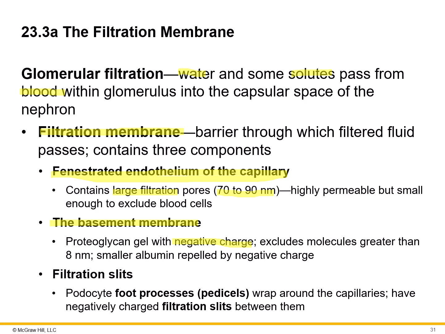So if you have a membrane with a negative charge, it's going to repel anything else with a negative charge. So a lot of the smaller molecules, things that are greater than 8 nanometers, pretty small, like albumin, are going to be repelled by that negative charge, and that's what we want. We need to keep albumin in our blood in order to maintain its osmolarity.